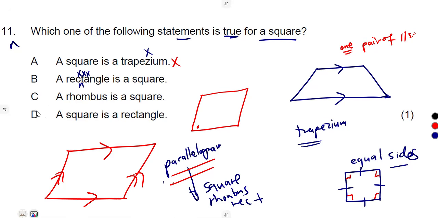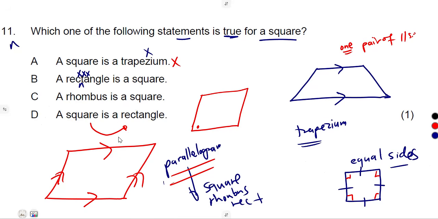But let's see. On D, a square is a rectangle. All right. A square is a rectangle. Remember, before we said a rectangle is not a square. What about to say a square is a rectangle? A square has all the properties of a rectangle. It has all.